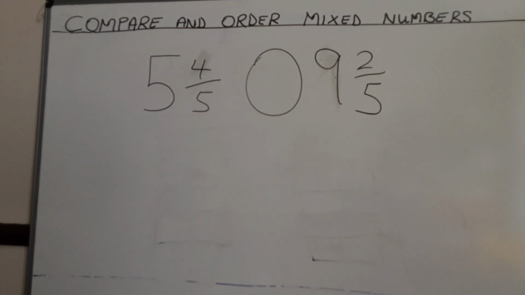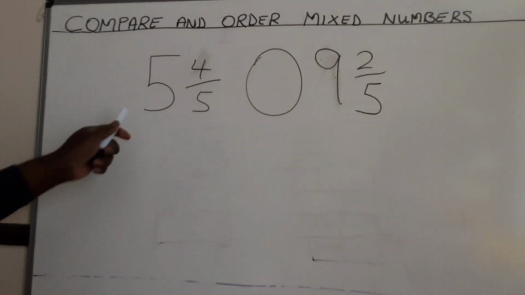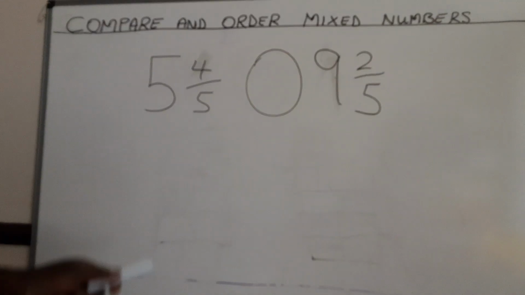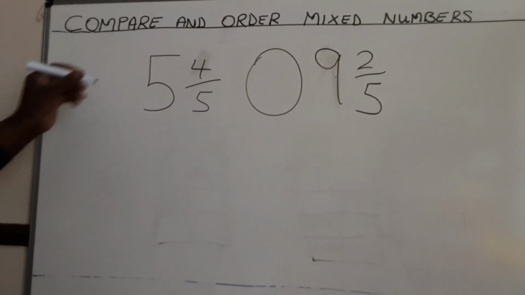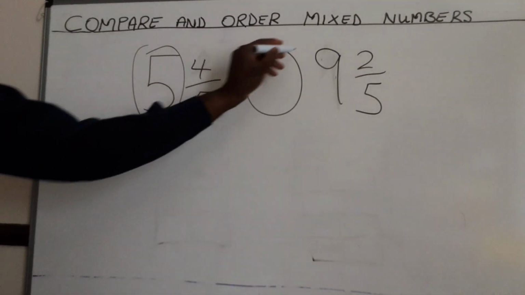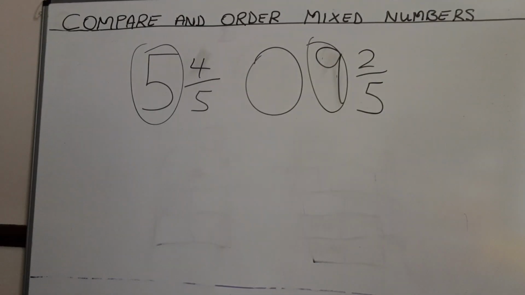All right, I hope you got the answer right. So first, what do we need to do? First, we need to check if the whole numbers are the same. Clearly, we can see that the whole numbers are 5 whole and 9 whole.